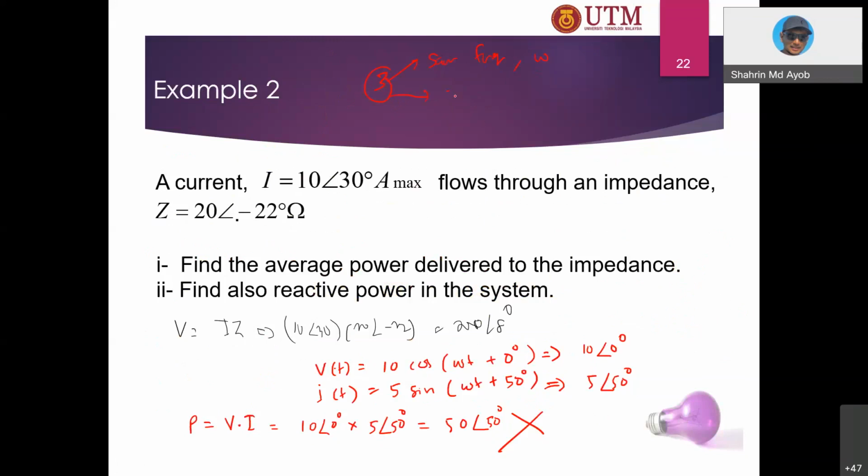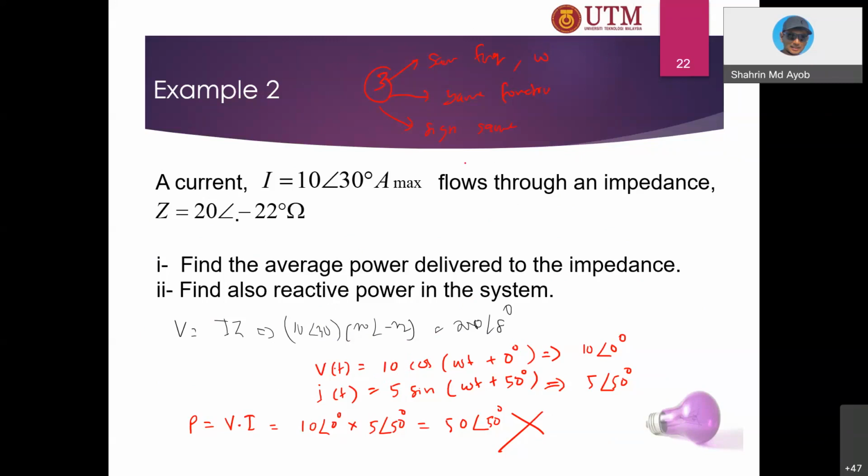Second, they must have the same function: if the voltage is cos, the current must be cos. And the last one is that the sign must be the same, so both must be positive or both must be negative.